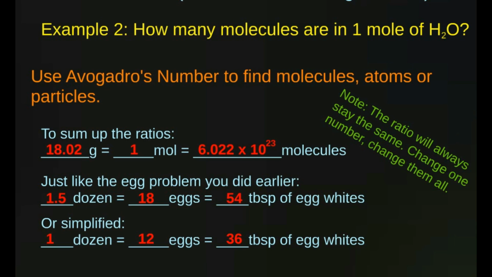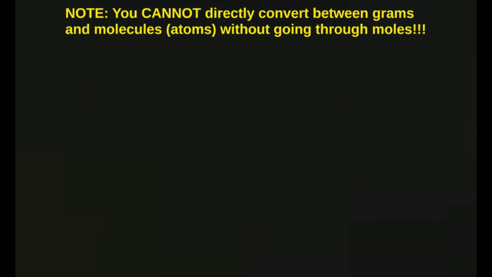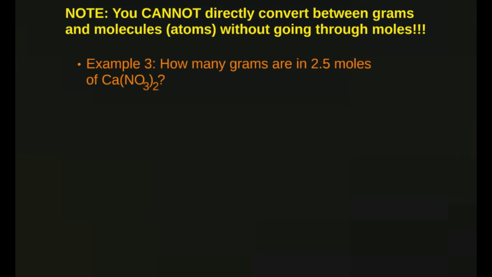You're better off figuring out how to do the math. So change one number, it changes them all. If I change this to 20 grams, this whole ratio changes for water. If I change this dozen, it changes this whole ratio. You just have to make up for the missing ratio by solving for the missing value. I digress, though. Anyway, you cannot directly convert between grams and molecules or atoms without going through moles, is what I'm trying to say.